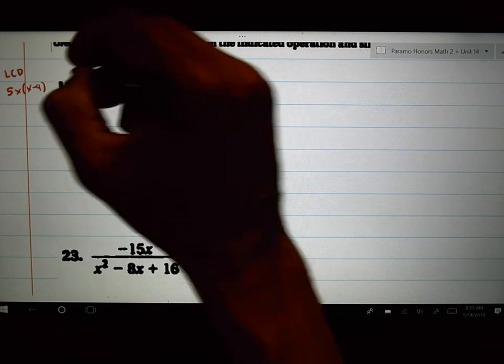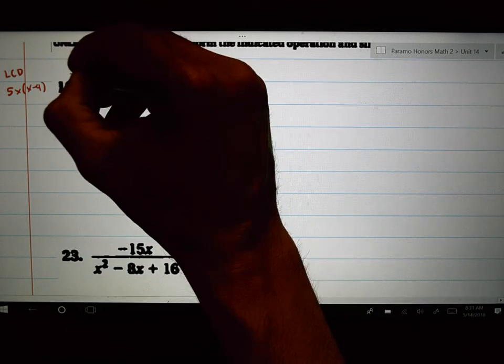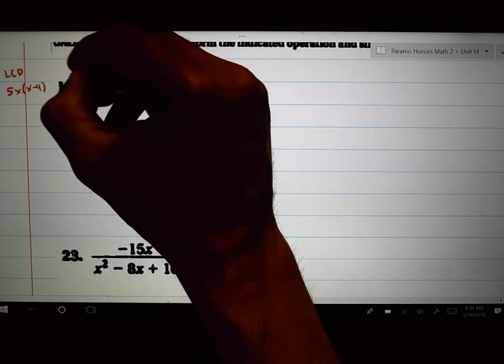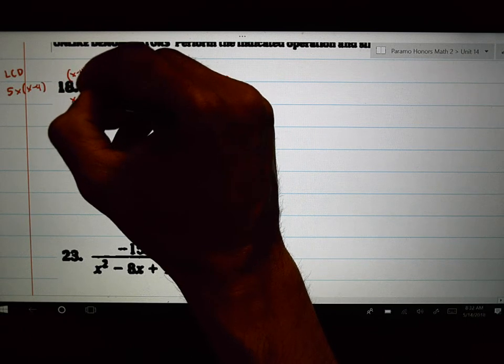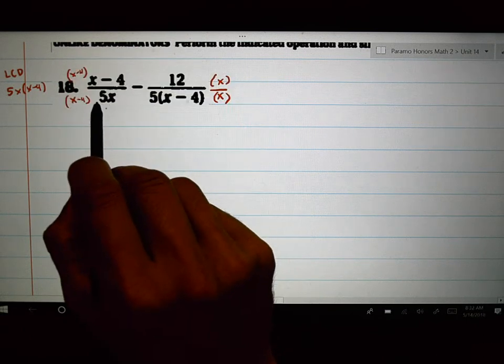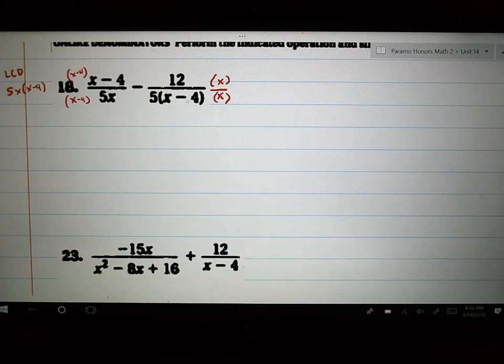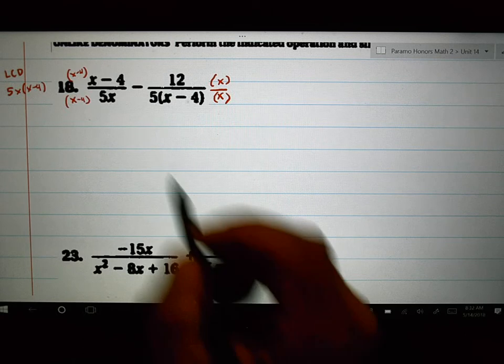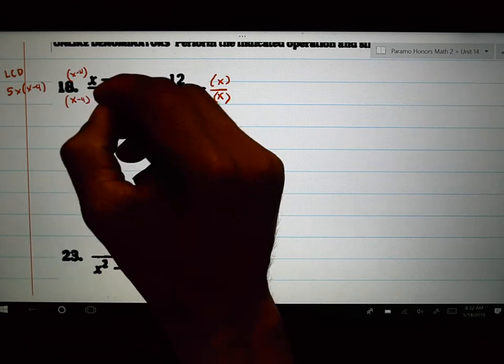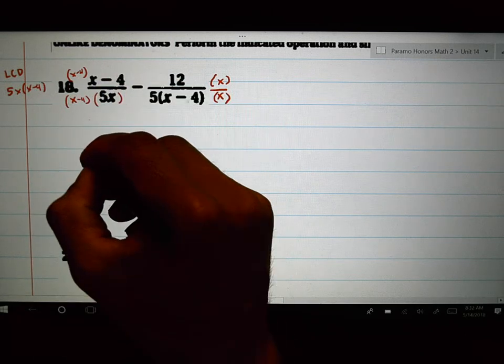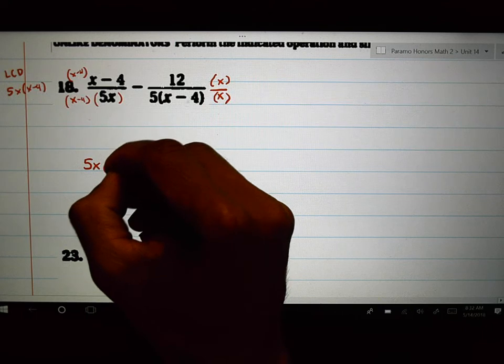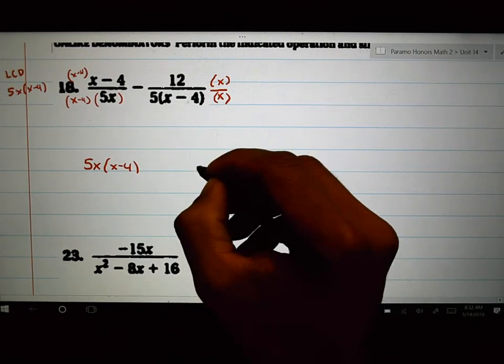And this fraction, I'm going to multiply it by an x minus 4 over an x minus 4. That way, the denominator will be 5x times x minus 4. And then this denominator will be 5x times x minus 4. My common denominator is 5x times x minus 4 for both fractions now.